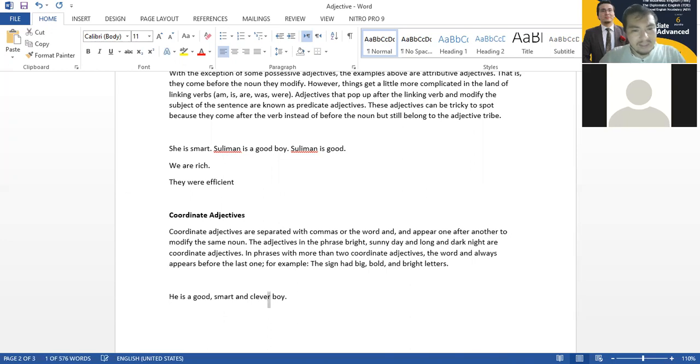Now, this is coordinate adjectives in which you use the 2 or 3 or 4 adjectives in one sentence with the help of comma and. That is called coordinate adjectives.